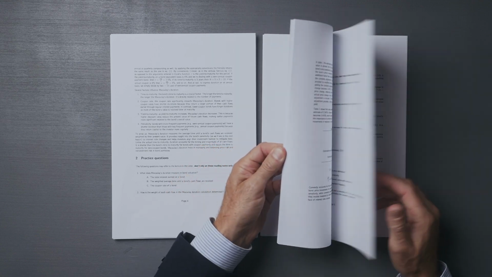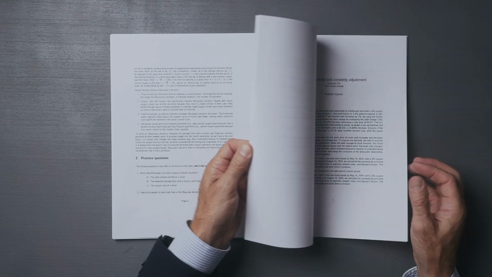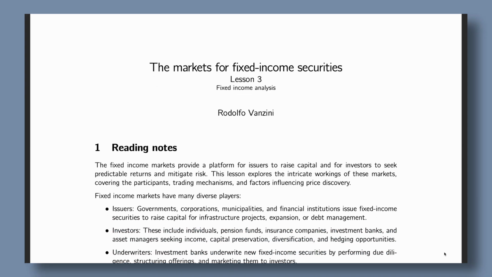In the previous lectures, we saw how fixed income markets provide a platform for issuers like governments, corporations, municipalities, and financial institutions to raise capital while offering investors predictable returns and risk mitigation. We explored the market's intricate workings, detailing the diverse participants involved, such as issuers, investors, underwriters, brokers, dealers, market makers, rating agencies, and regulatory bodies.